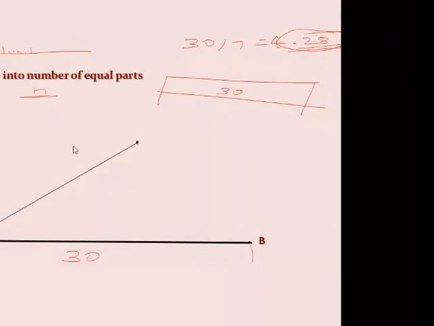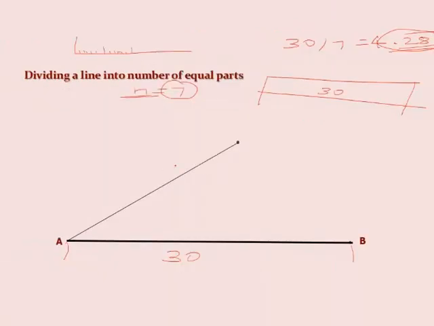So, for example, if I want to divide this line into n equal to 7 parts, make sure that this length is easily divisible by 7. If I take 30, it is very difficult to divide, right? So make this length some convenient length so that it can be easily divided into 7 divisions. This is the second step.